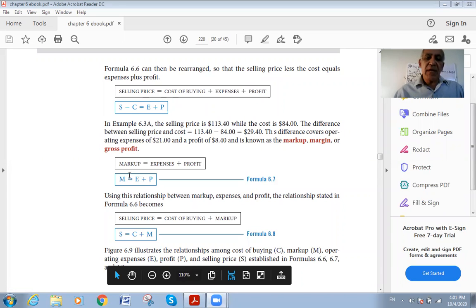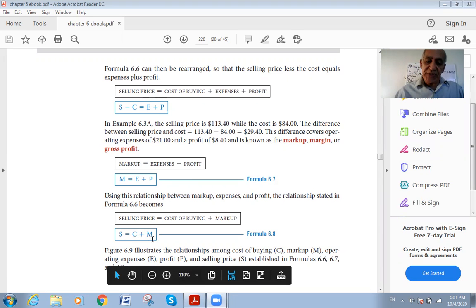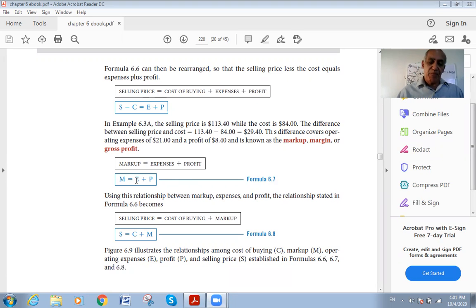So when we say selling price will be cost and markup, because the markup is expenses and the profits.